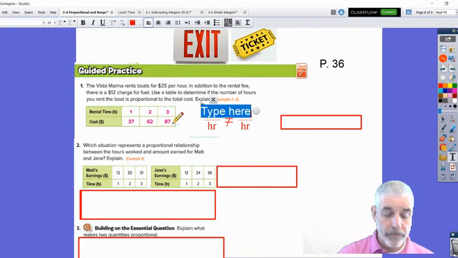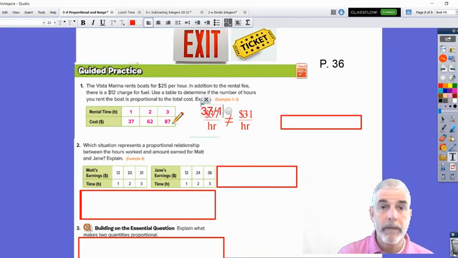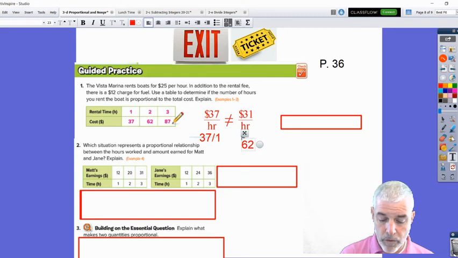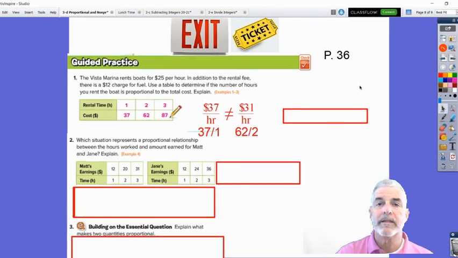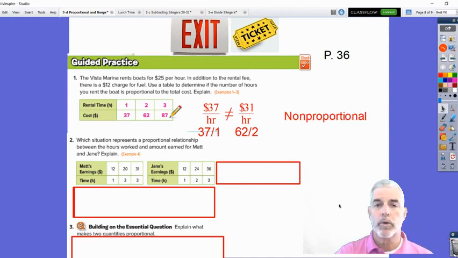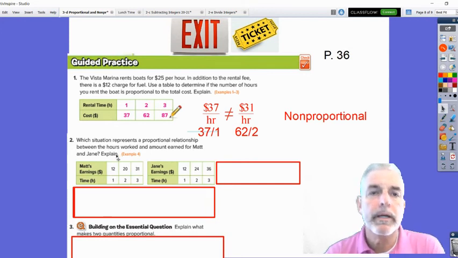So this one is 37 divided by 1, that's the first one. And this one is 62 divided by 2, and that's where the 31 comes from. So they are not equal. That means that this relationship is non-proportional, or not proportional.